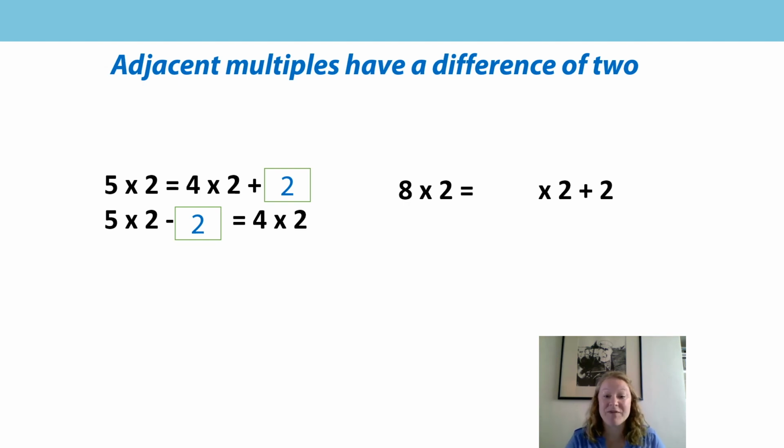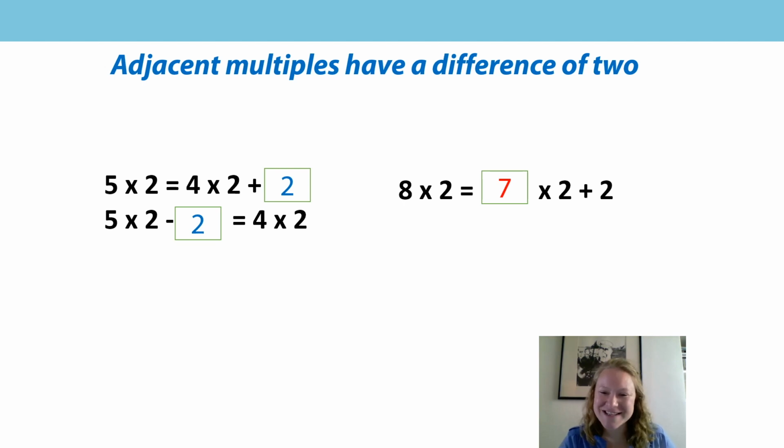Okay, now we've got 8 2's is equal to some amount of 2's and one more 2. Okay, how are we going to do this one? So we need to think about what is going to go in this gap here. How many 2's do we add one more 2 onto to get to 8?